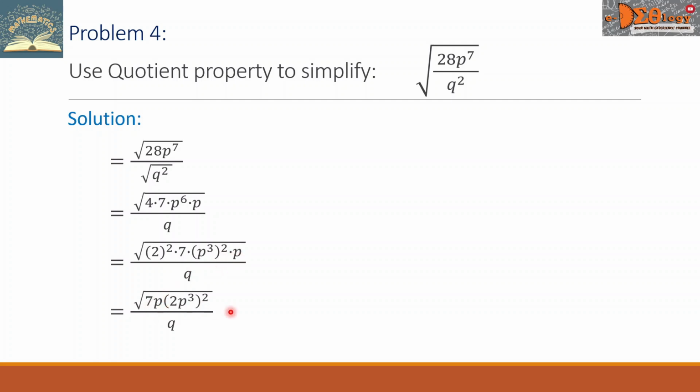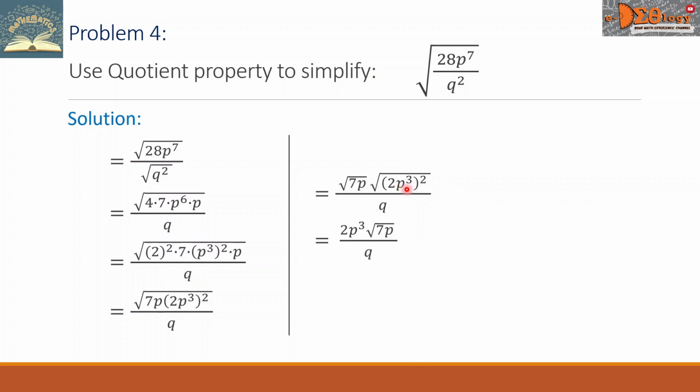By the multiplication property, we can distribute this radical into the square root of 7p times the square root of the square of 2p cubed over q. This expression we can simplify. We can cancel the power 2 with the radical with index 2. Now the 2p cubed will come in front times the square root of 7p over q.